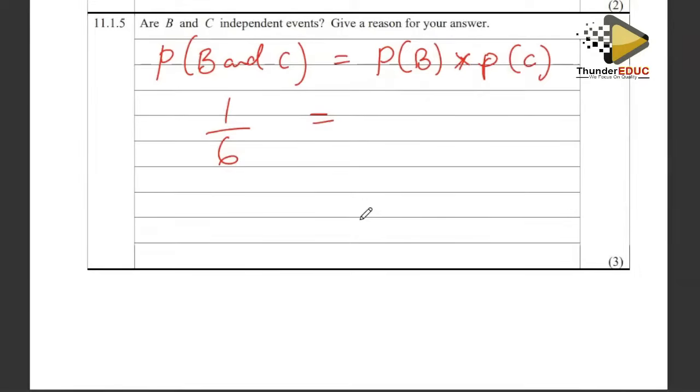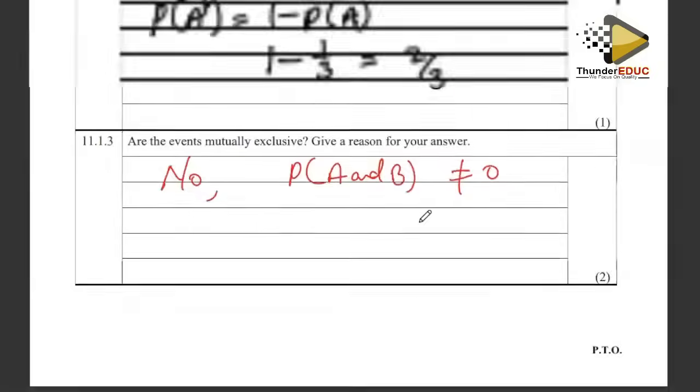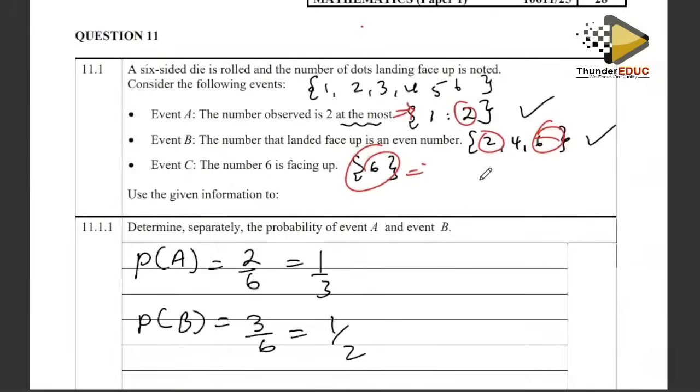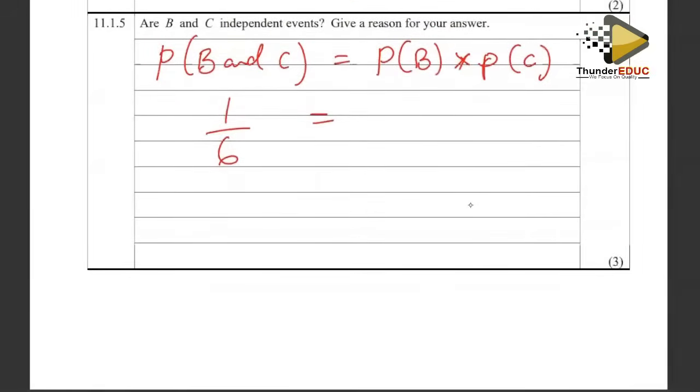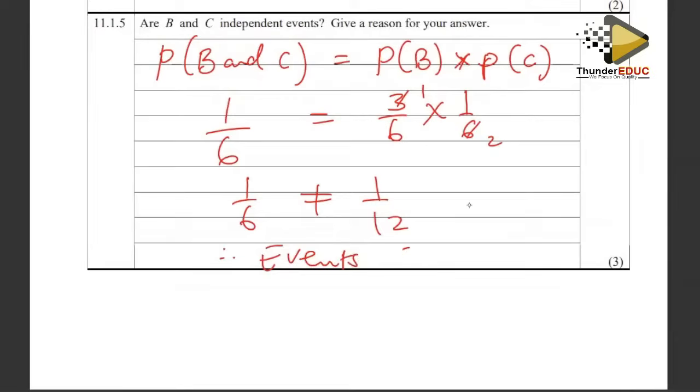No, it's not 2 elements in B. Let's go back and see. In B, we have 3, meaning that's going to be a 3/6, times C, we saw 1/6. Does that make sense? Yes. So 1/6 is not the same as 1/12. Therefore, events are not independent.